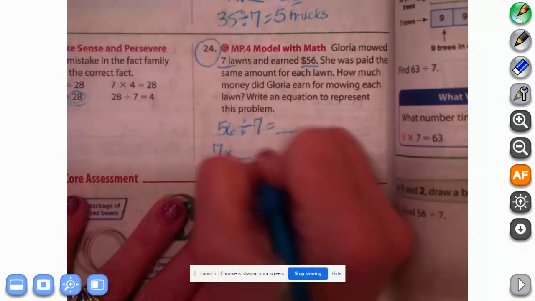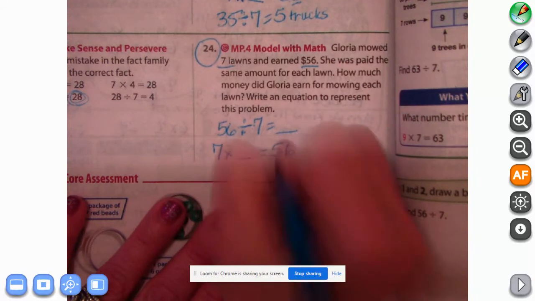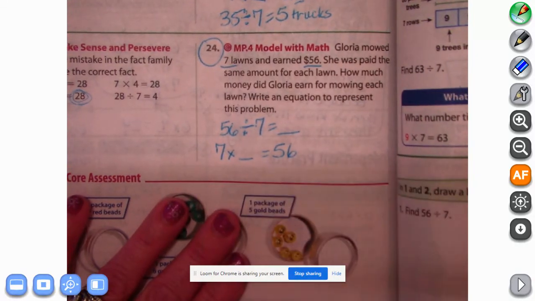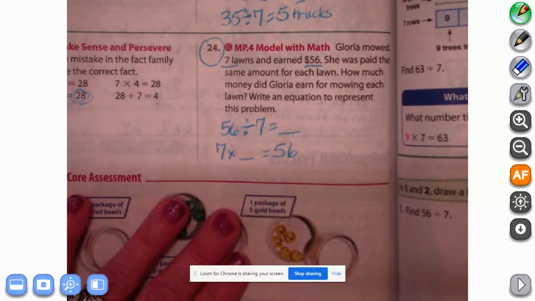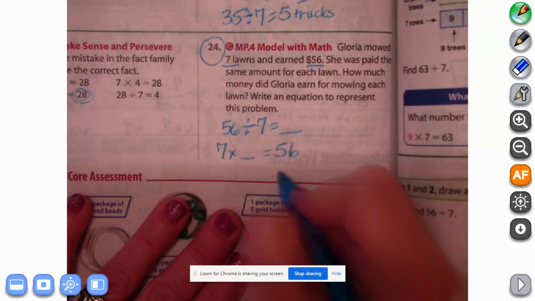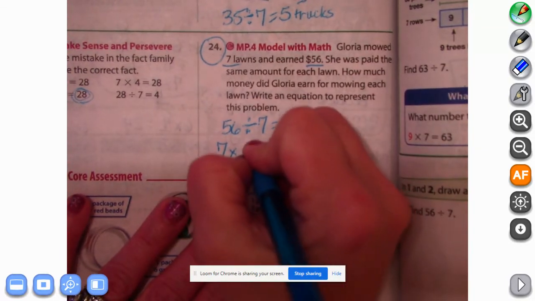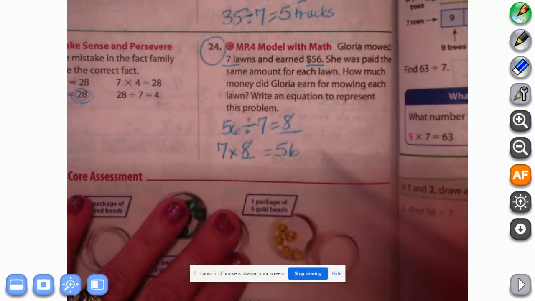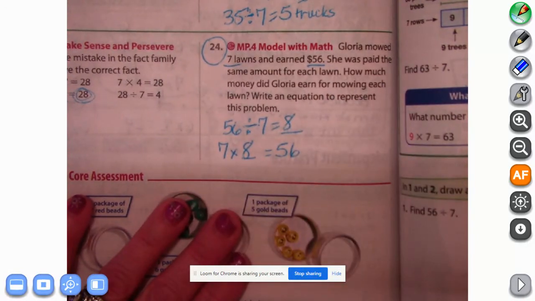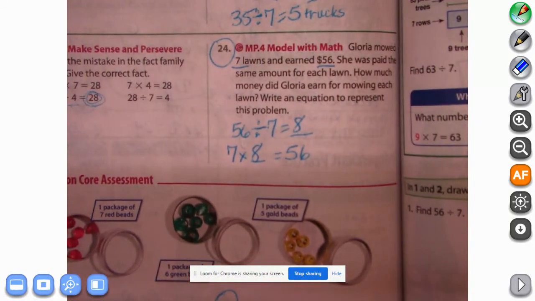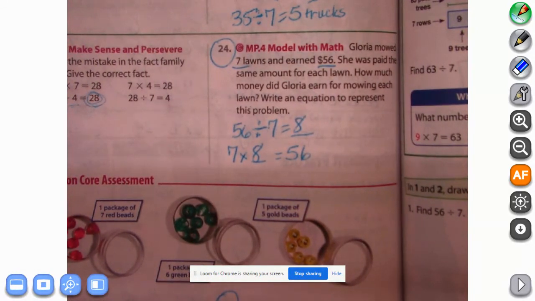Or 7 times what equals 56? Okay, so we just did 7 times 7 several times. So 7 times 7 is 49. Okay, plus 7 more would be 56. So that's 8 groups of 7. Or 7 groups of 8.